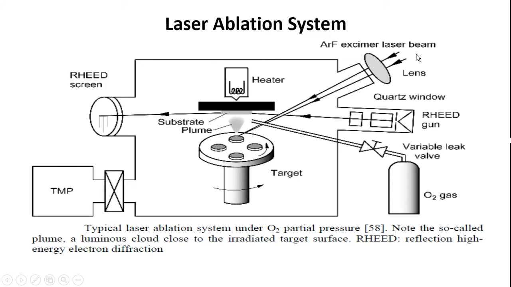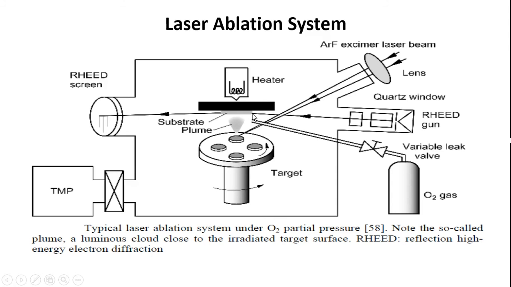And here this is the lens through which the laser beam is focused upon the target. And this is a RHEED gun. We will see what RHEED is and what its purpose is. And this is a heater which heats up the substrate, over which the thin film layers have to be developed.